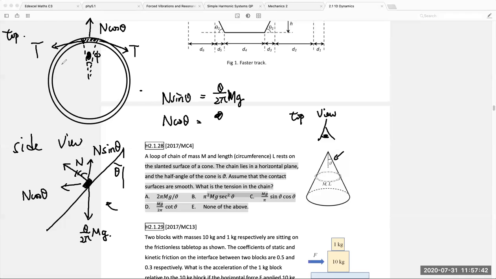So can you relate the normal reaction N cosine theta and the 2 tensions and also the angle phi? Can you relate these 3 quantities? Let me highlight these 3 quantities together using the angle phi.